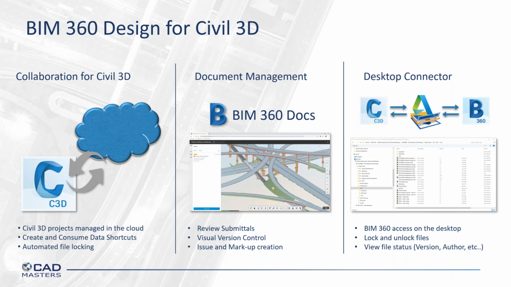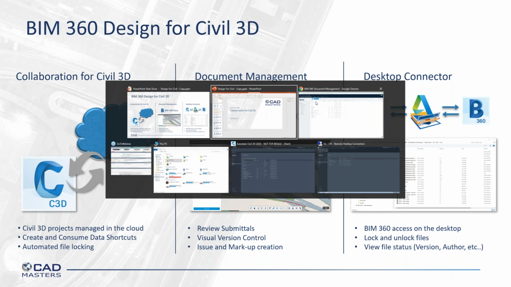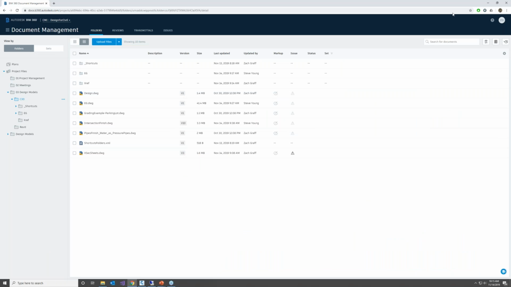All right, and so with that, I am going to jump right into the demo. And so this is BIM 360. It is web-based and also has mobile applications for both Android and iOS. And it's pretty straightforward.